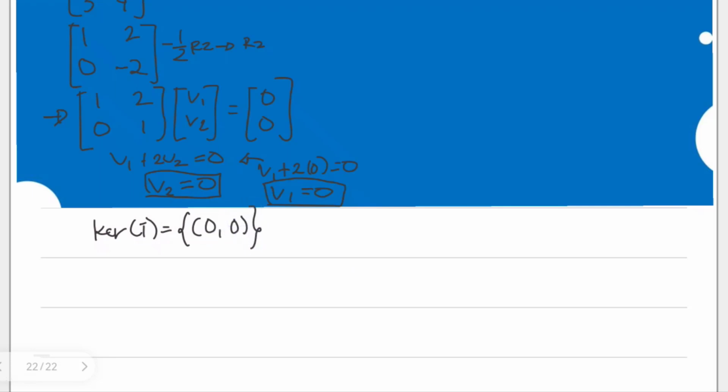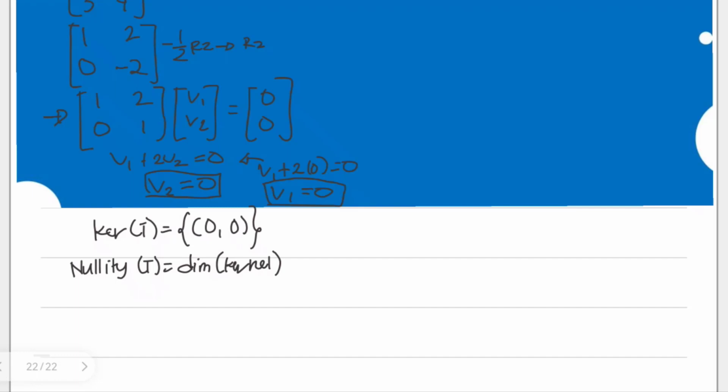Now let's talk about the nullity of T. The nullity of T talks about the dimension of the kernel of T. The dimension of the kernel of T talks about the number of vectors that can be found inside our kernel. It can be expressed in this form: the dimension of your kernel. So you might say there's one because there's one vector here, but here's the catch.